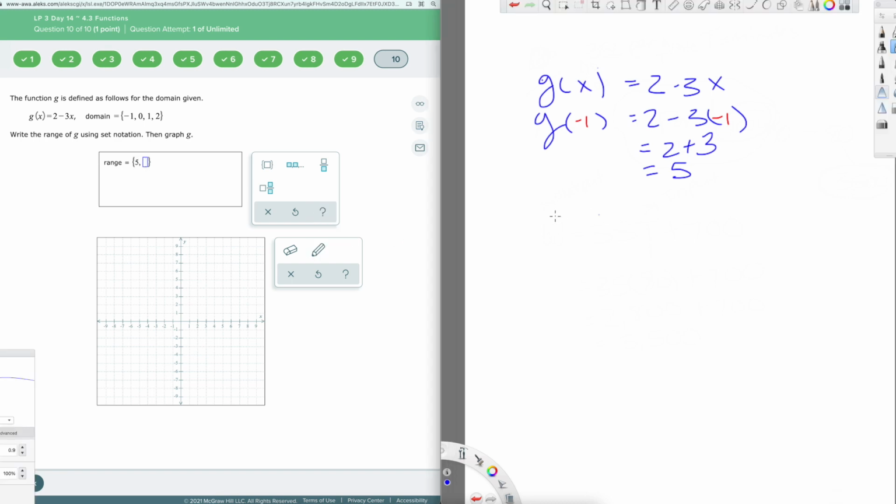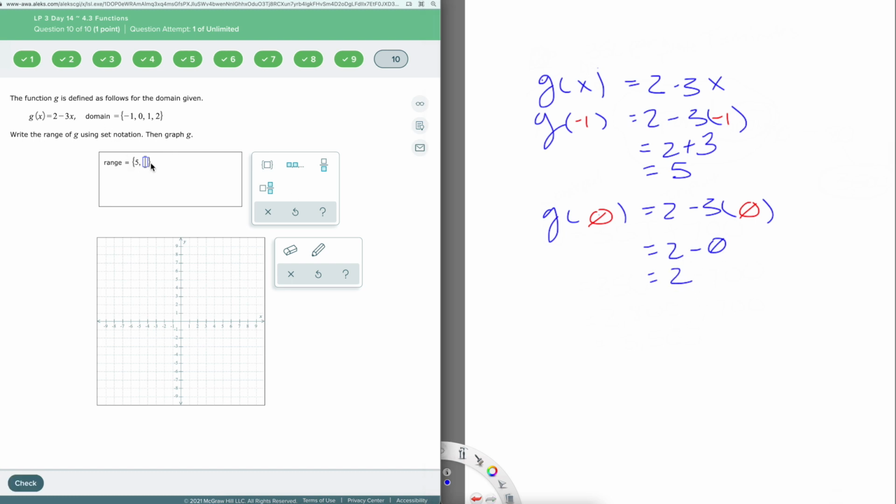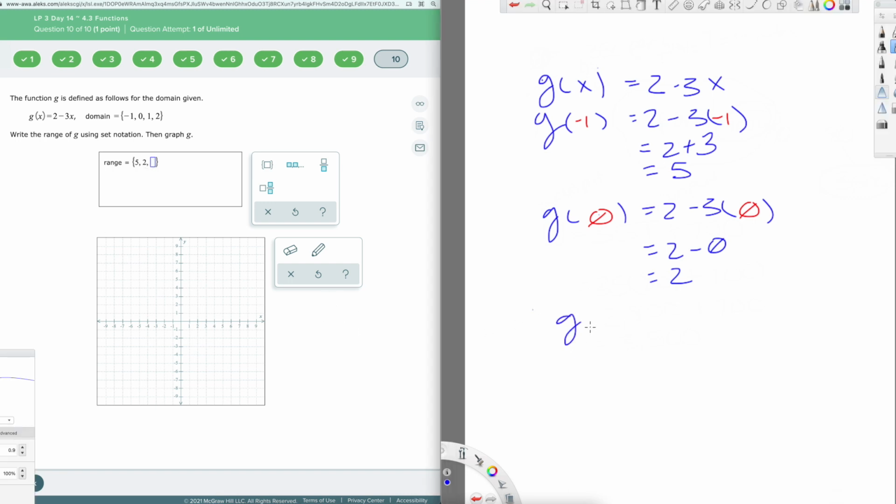And then we're going to have g of, let's see, what's the next one here? We have 0. So 0 equals 2, -3 times 0 is 0. 2 minus 0 is just, not 0, 2. So our next output is going to be 2, comma, then we have g of 1 that they're asking us to put in here.